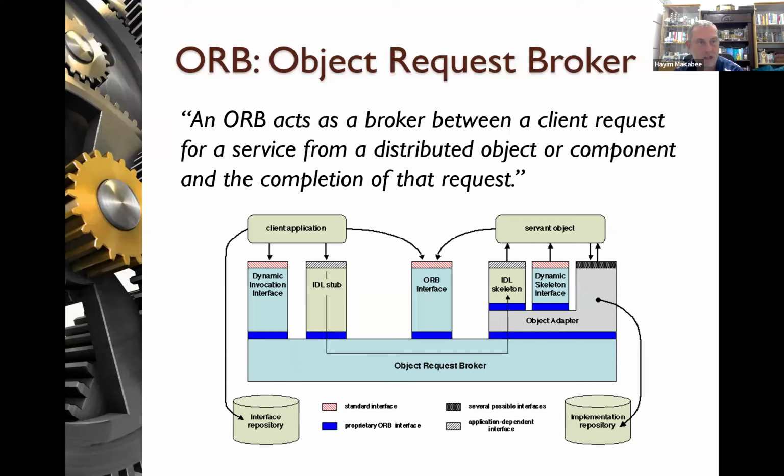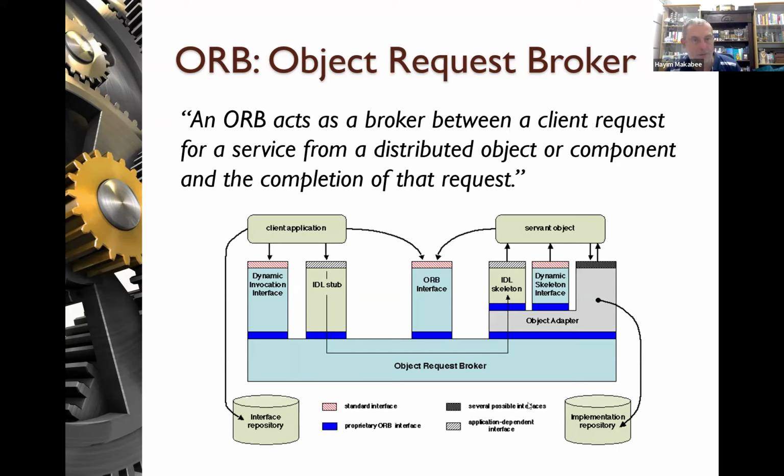COBOL, Common Business Oriented Language. I'm talking about 1996, 28 years ago. So I had this Smalltalk application call an object that was written in COBOL. This is a very non-object-oriented language, right? And this was done using an ORB that provides this decoupling.